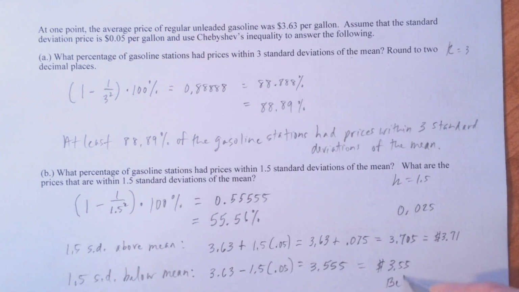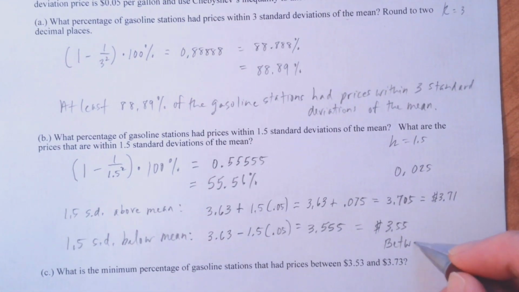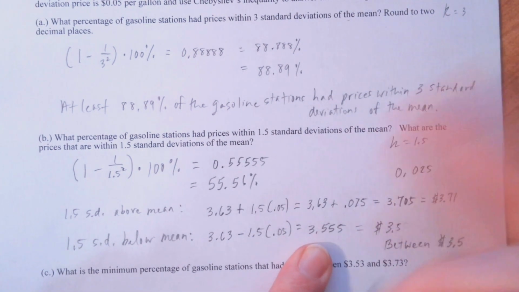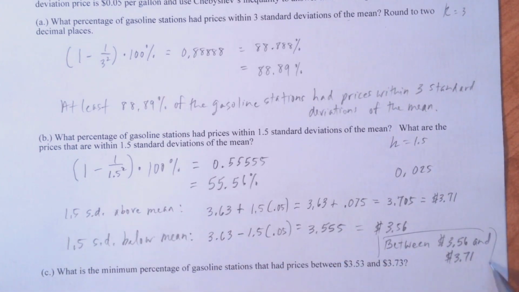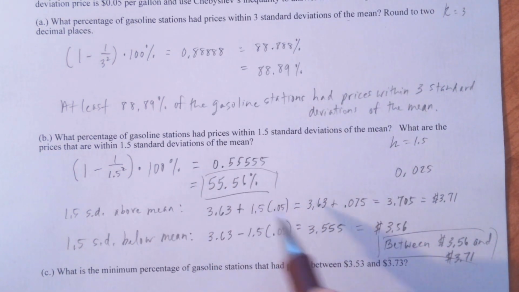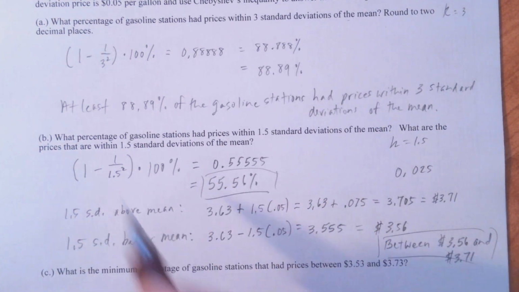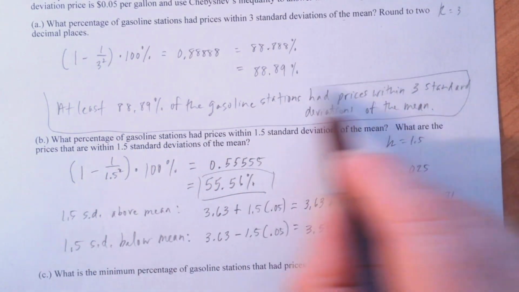We would just say between 3.56, oops, I rounded that wrong, didn't I? That's 3.56. 3.56 and 3.71. Let's see, this was our other answer here, and this was our answer up above.